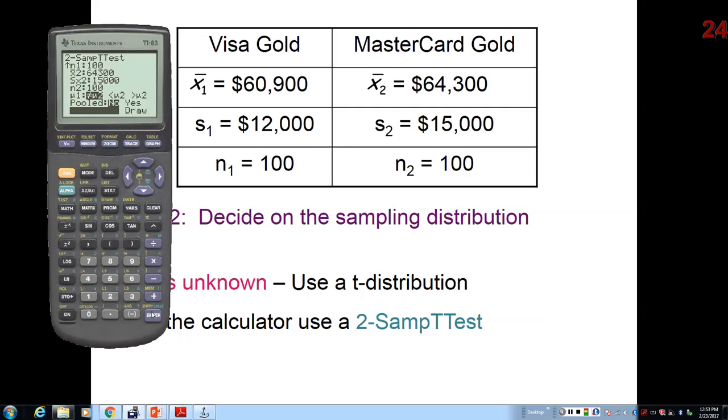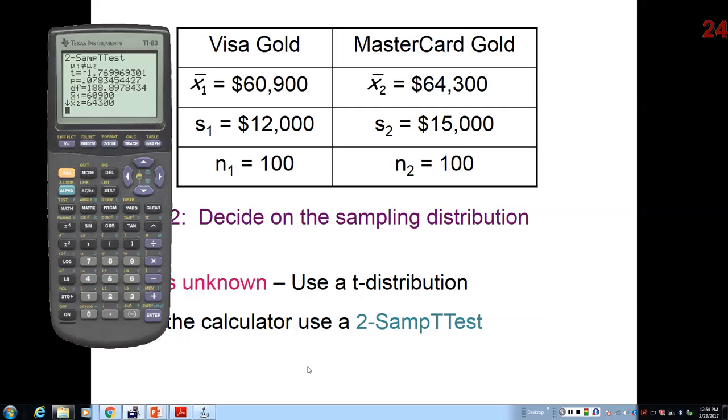And then you're going to hit the calculate button. And you're going to look for your p-value. You're going to have the same idea. If your p-value is less than your alpha, you're going to reject the null hypothesis. If it's greater than your alpha, you're going to fail to reject the null hypothesis.